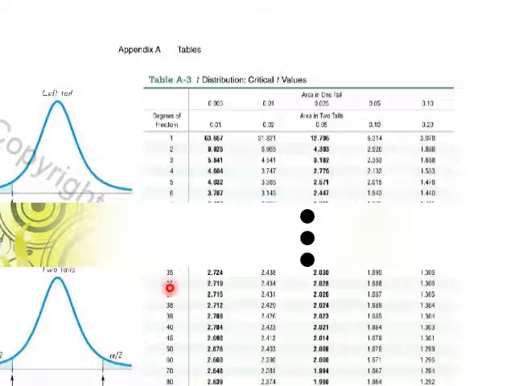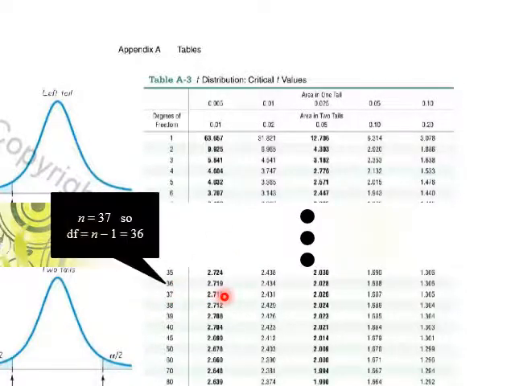So of course we had a sample size of 37, so our degrees of freedom will be 36 in this case, meaning we're in this row 36 here. We are dealing with a two-tailed test, so I'm going to look at this area in two tails row, and our significance level is 0.05. Now of course that means that 0.025 will be in each individual tail.